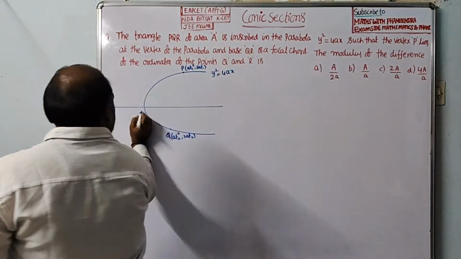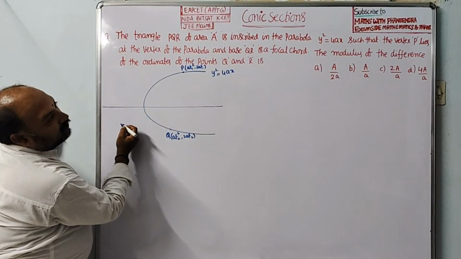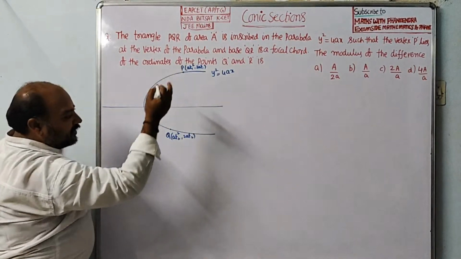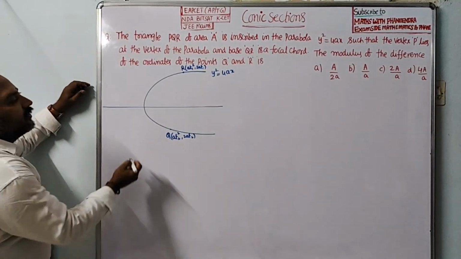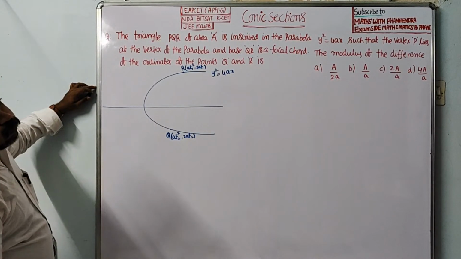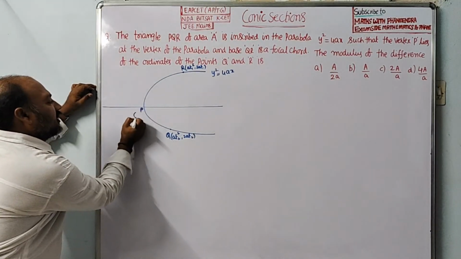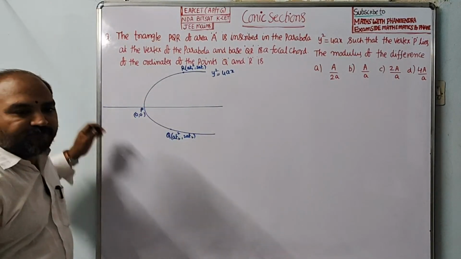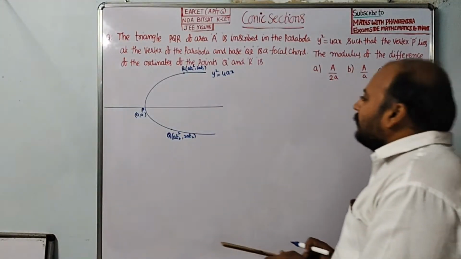Next, this is the vertex now. PQR. Sorry, QR is a focal chord, so this we can take as R. Such that the vertex is P, given. So P means vertex, that is (0, 0), vertex of the parabola y² is equal to 4ax. Here, the triangle is inscribed.